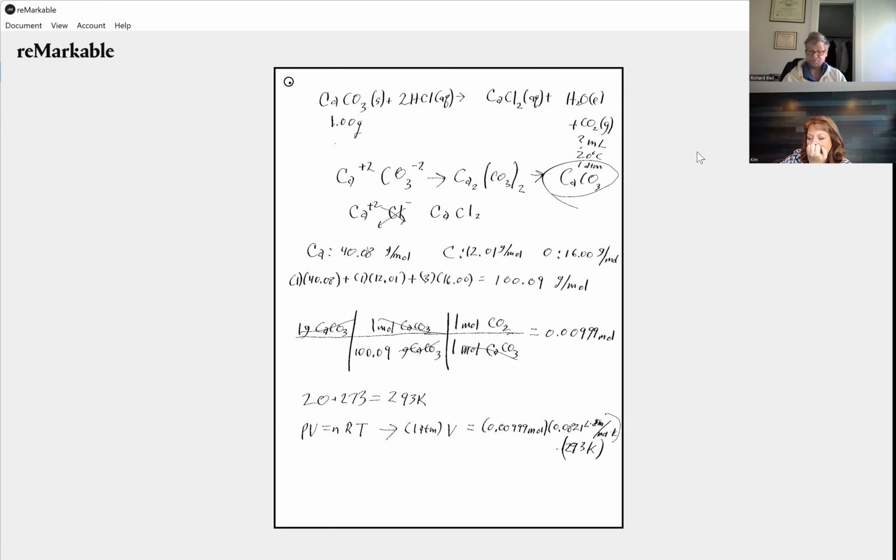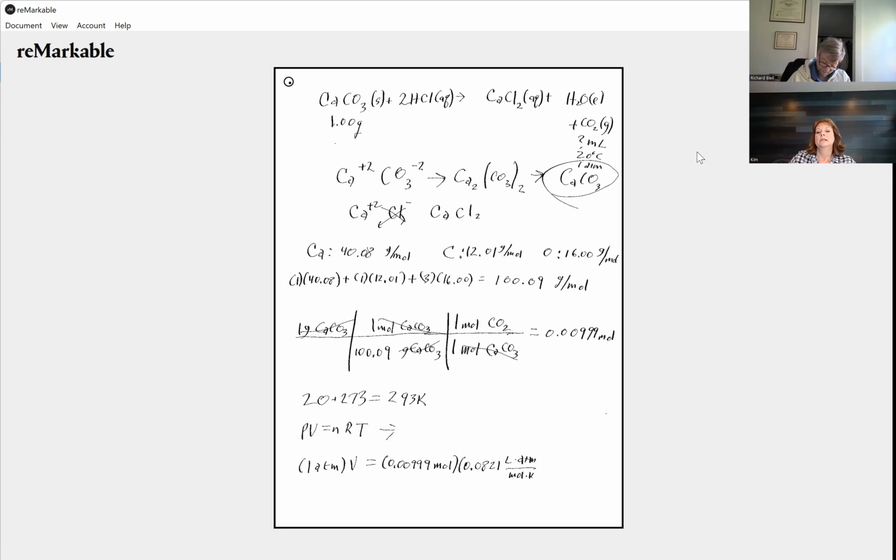I don't like doing this in 2 steps. So let's redo this. We have 1 atmosphere. We're looking for volume. 0.00999 moles of gas, 0.0821 liter atmosphere per mole Kelvin at 293 Kelvin.